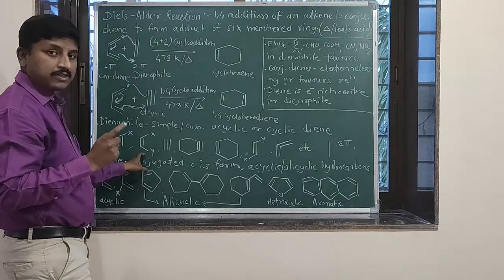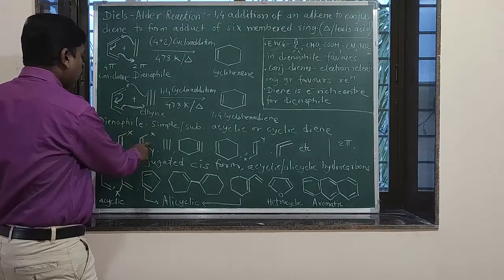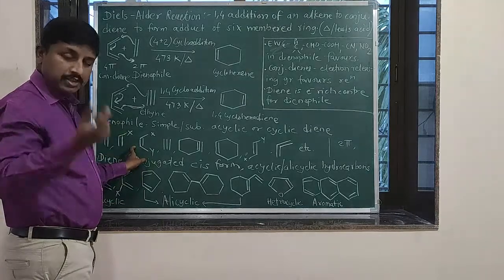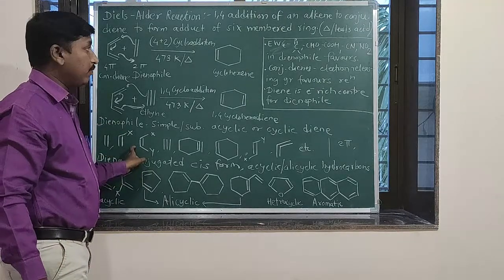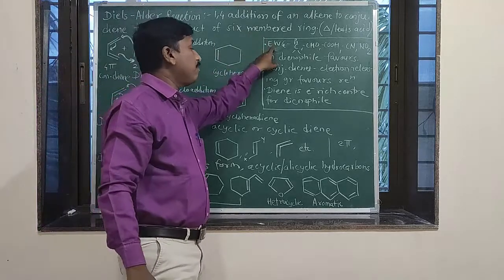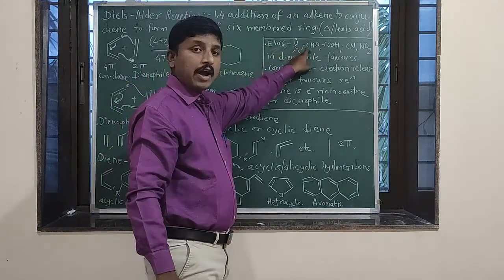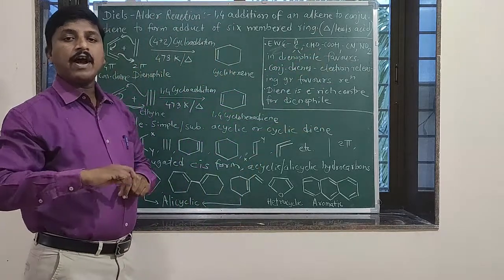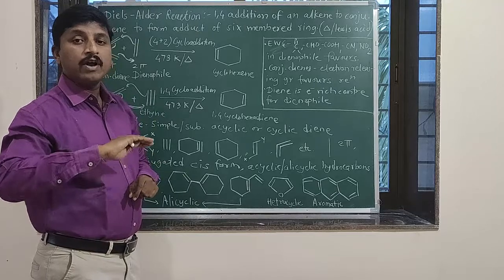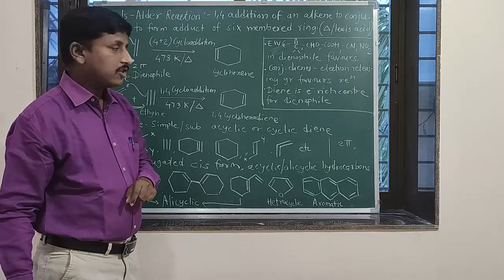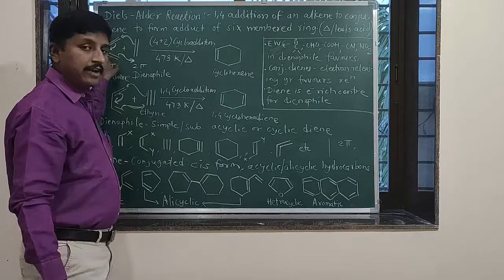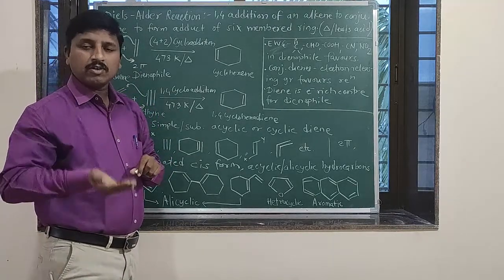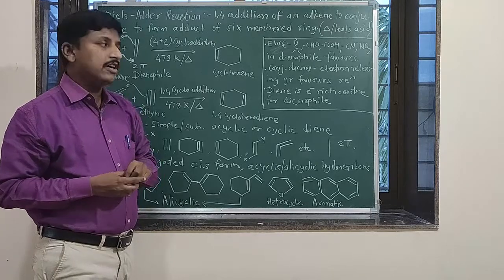This is disubstituted ethylene, where X and Y may be electron withdrawing groups. These electron withdrawing groups may be carbonyl, aldehyde, COOH, cyano, nitro group. A dienophile having an electron withdrawing group favors the Diels-Alder reaction, while a conjugated diene having an electron donating group, or electron releasing group, favors the Diels-Alder reaction.